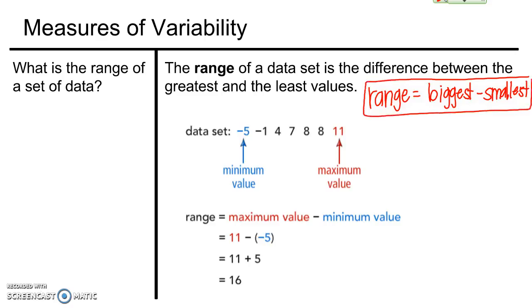That's your formula for range. Biggest number minus smallest number. Okay? If you're looking at the data set below, we see the biggest number, we see the smallest number. To get the range, we just subtract them. In this case, they had a negative number for the smallest number, so we did minus a negative, which is actually adding. But usually you're going to just be subtracting those.